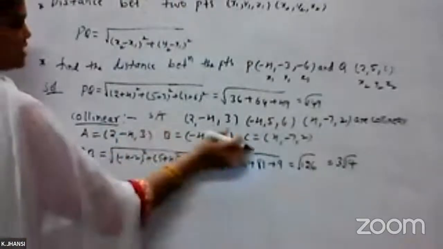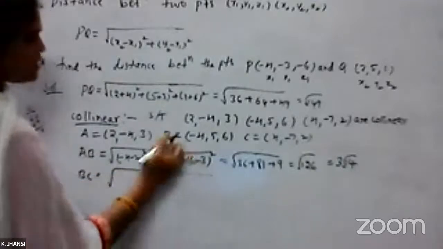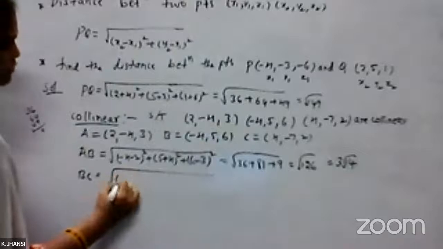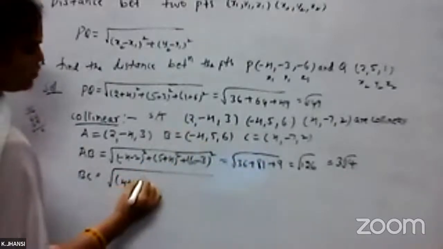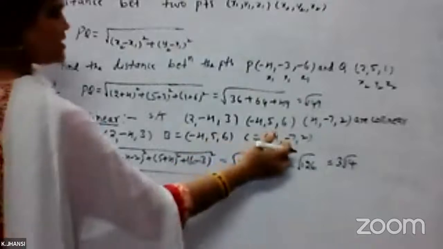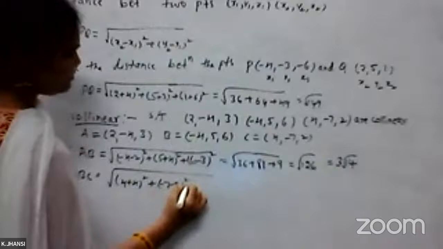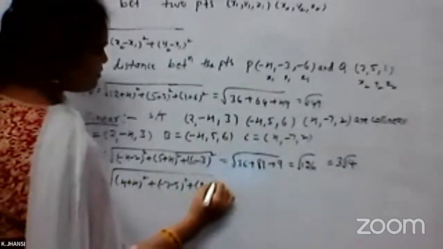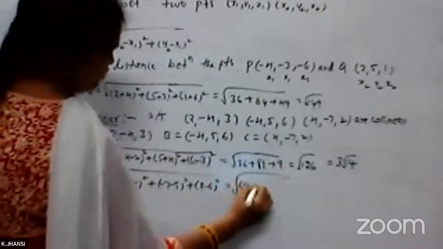Now we'll find BC. The distance between the points B and C is 4 minus of minus, that means 4 plus 4, whole square. Next minus 7 minus 5, and next 2 minus 6. So 4 plus 4 is 8, and 8 square is 64.